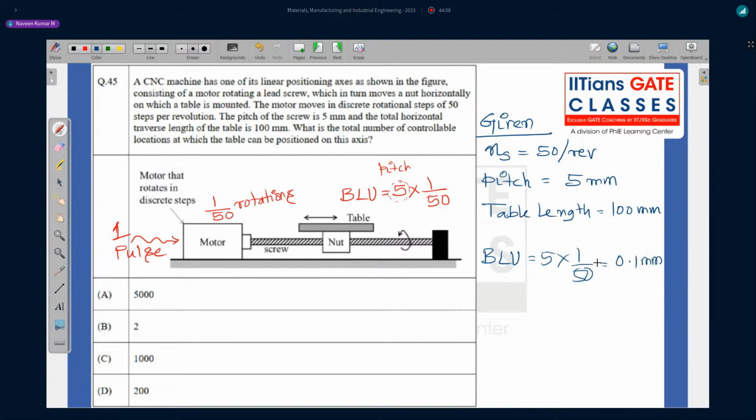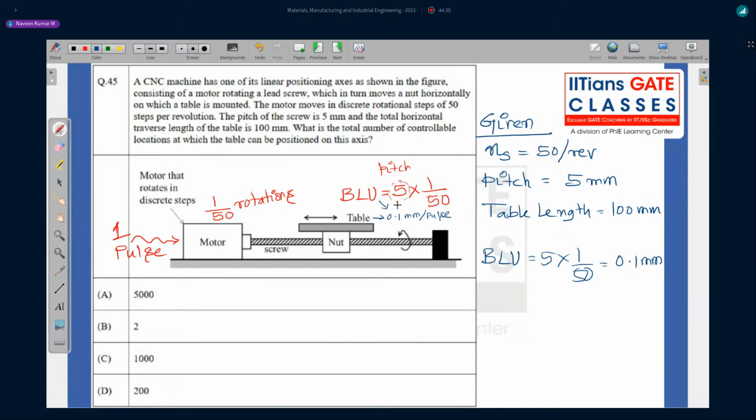Again I'm repeating: for one pulse, the table moves 0.1 mm. That is the basic length unit.